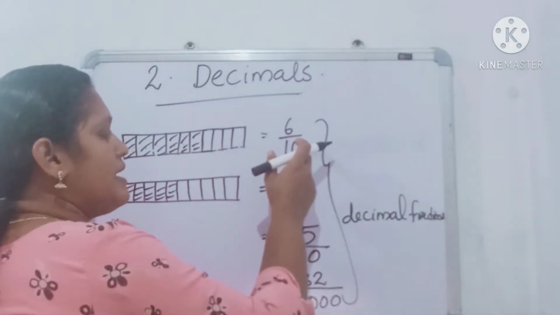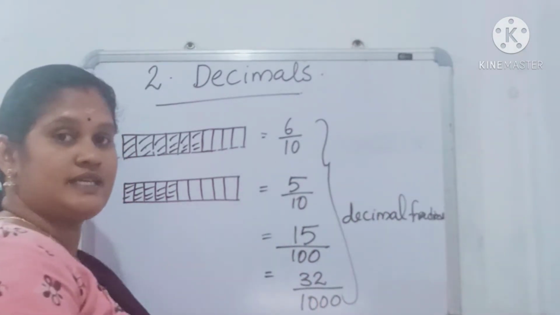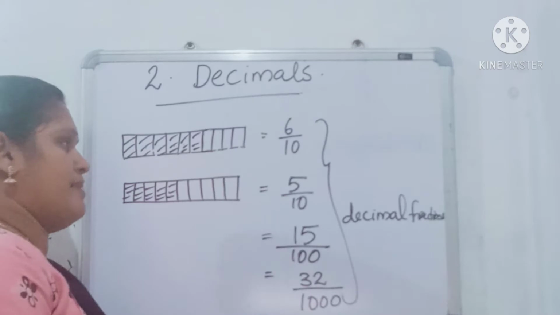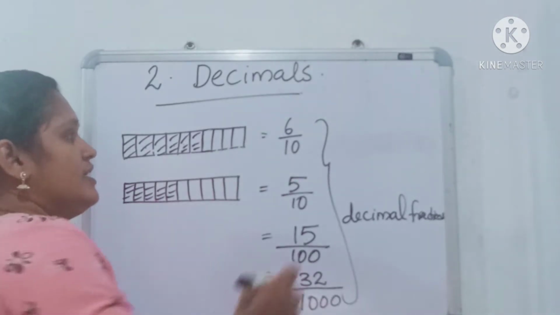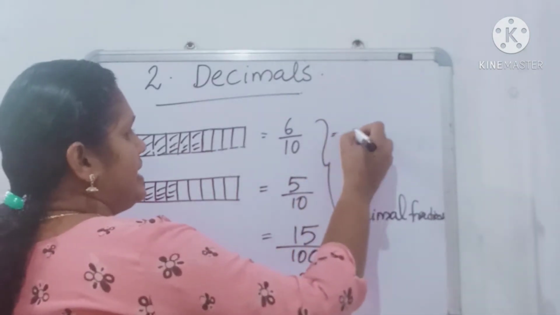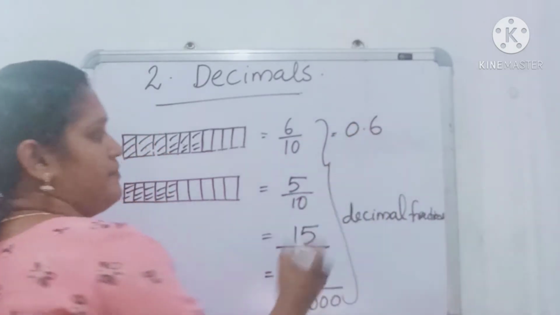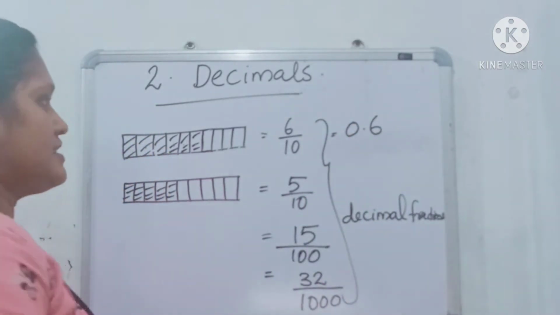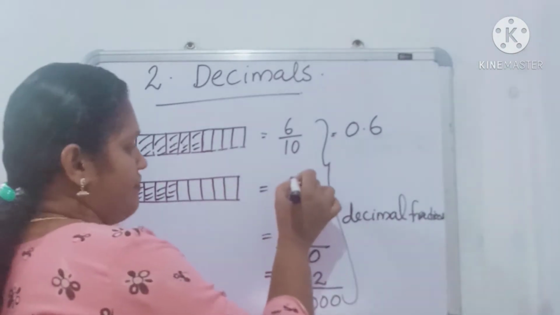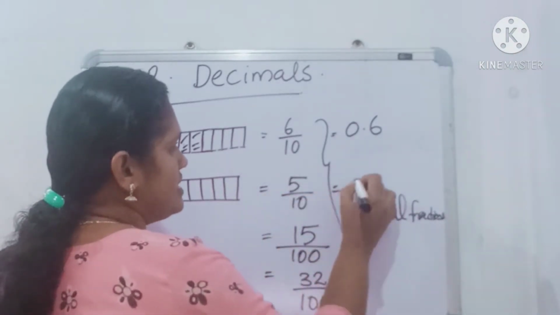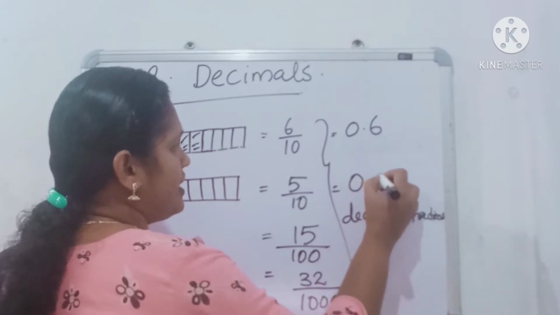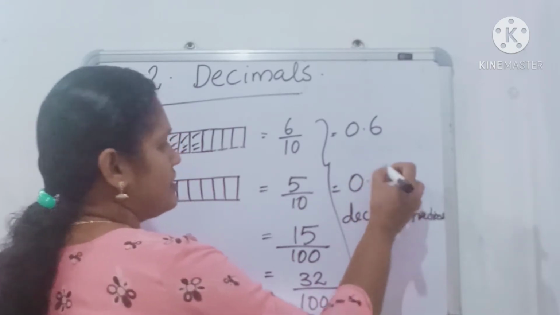The decimal fractions we can represent as decimal numbers. How do we represent? 6 by 10 equals 0.6. Clear? 0.6. 5 by 10 equals 0.5.